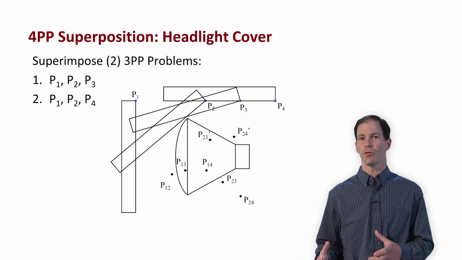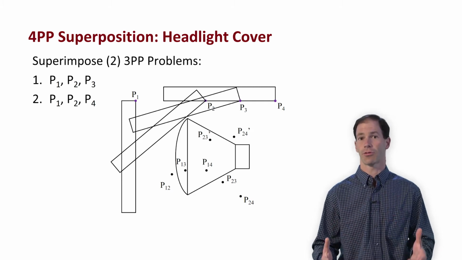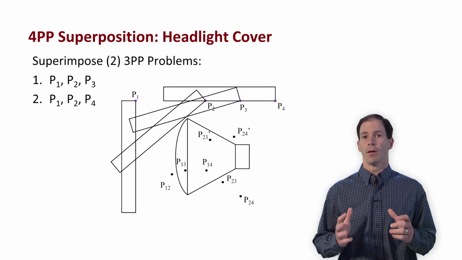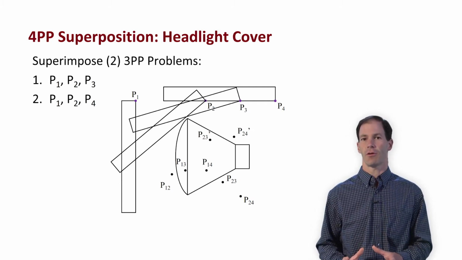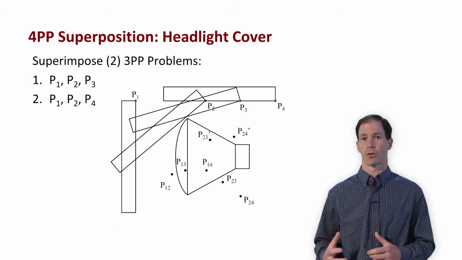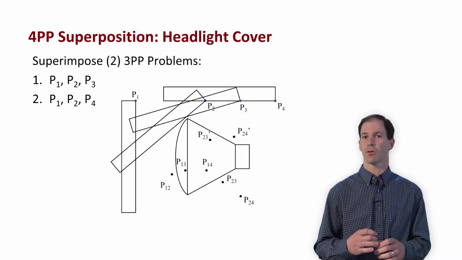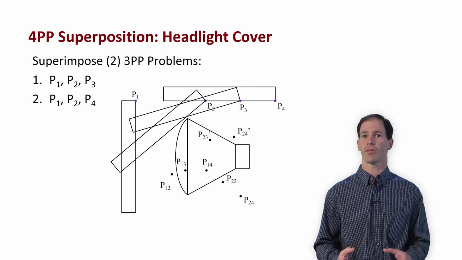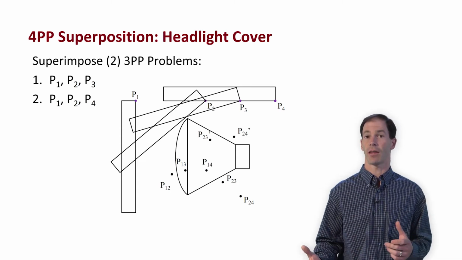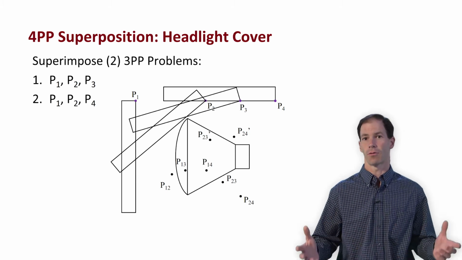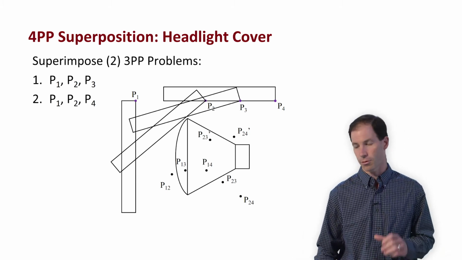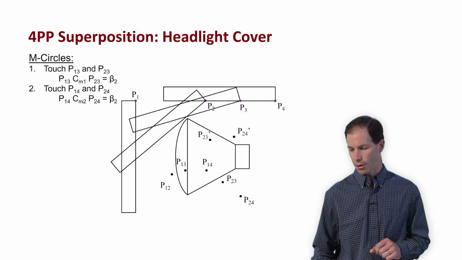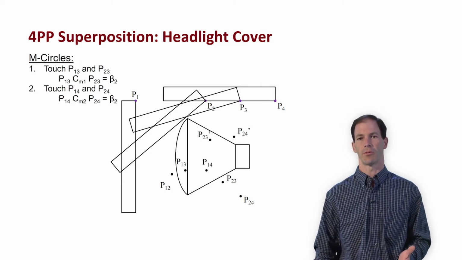Now, I'm assuming that you can find all these poles, so therefore I've just thrown them on the screen for you. I'm going to use these poles now to solve for basically M circles, and then say where my M circles overlap for these two different three-precision position cases. Those will be solutions that are valid for all four precision positions.